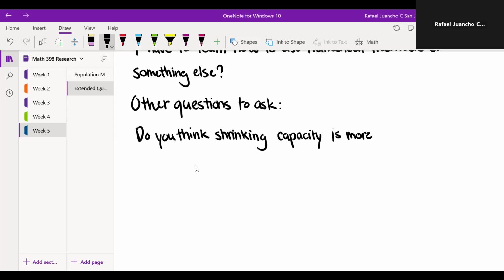So what if the capacity was shrinking rather than just constant decay? Or then linearly decreasing capacity?